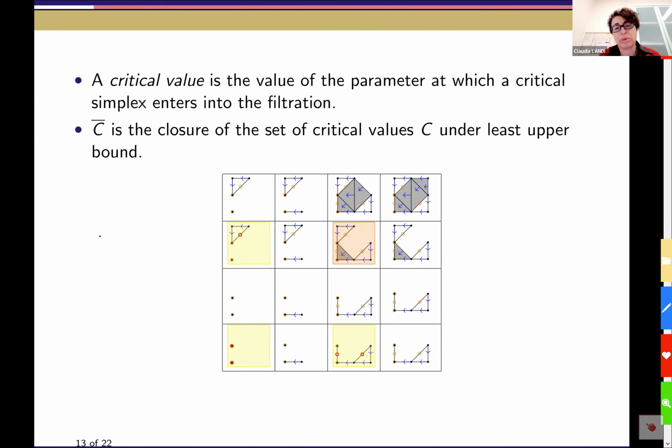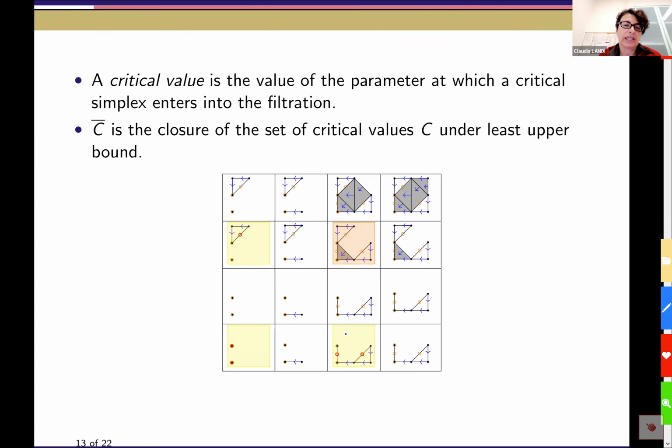And here the proposal is to use critical values of critical cells. So again, I assume that the simplicial complex is endowed with the compatible gradient vector field, and the critical values are the entrance time of critical cells, for example, this yellow instance.